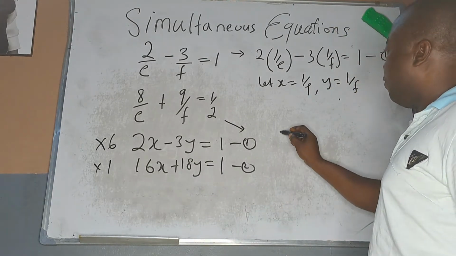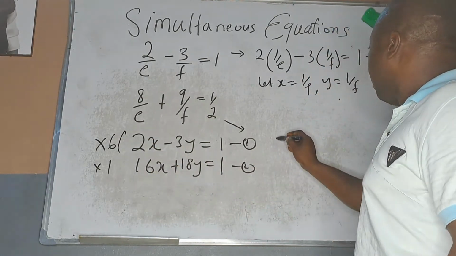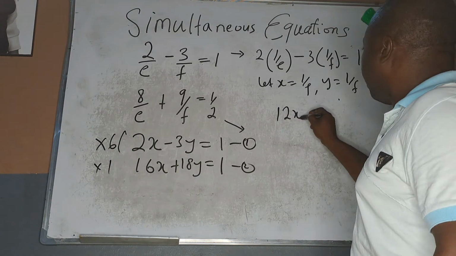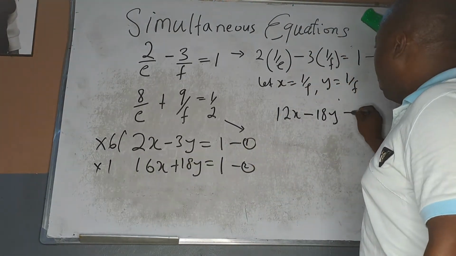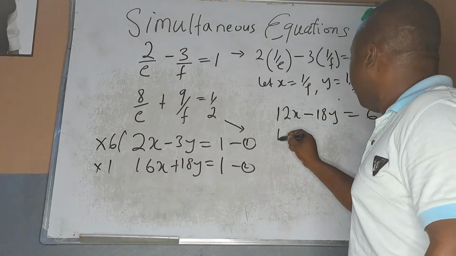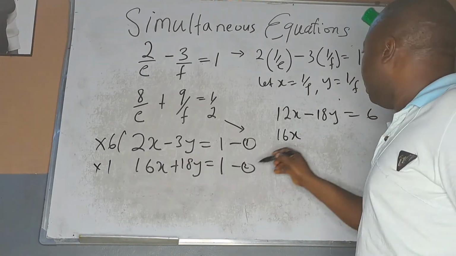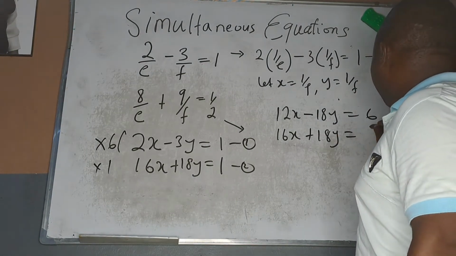To do that, I will have 12. 6 times 2 is 12. I have 12x minus 6 times 3 is 18y equals 6 times 1 is 6. Then 16x, because 1 times 16 is 16, plus 18y, 18 times 1 is 18, equals 1.